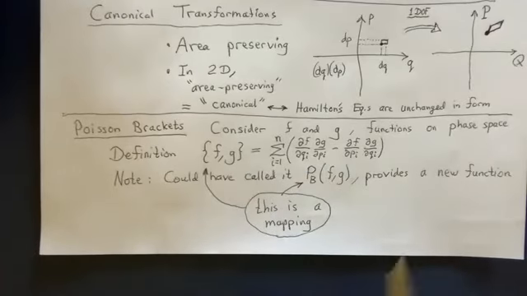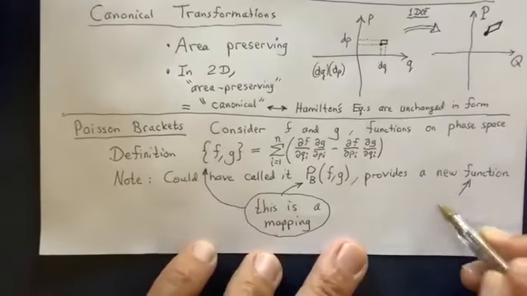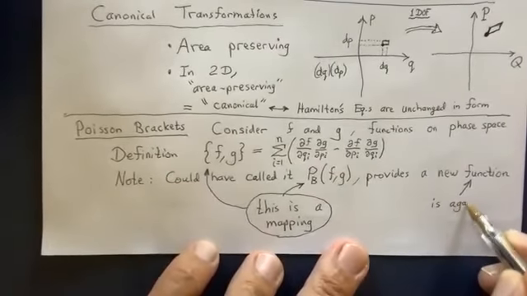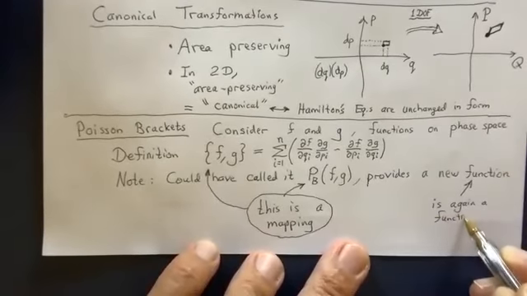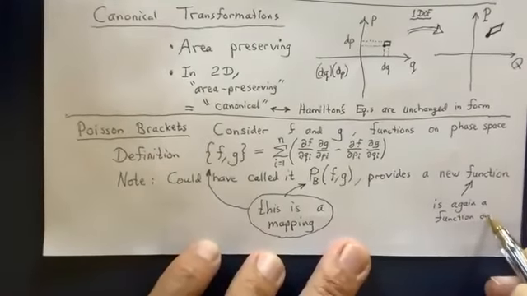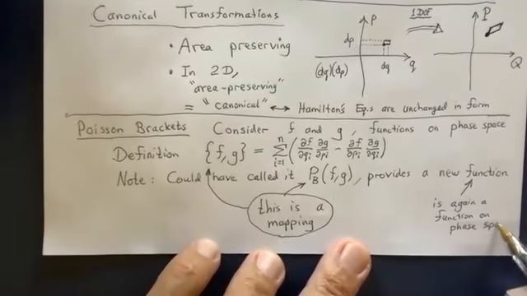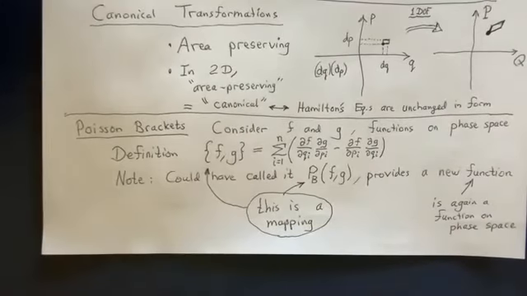This object, the output function, this new function is, again, a function on phase space. So this is the construction. Again, the notation is funny.